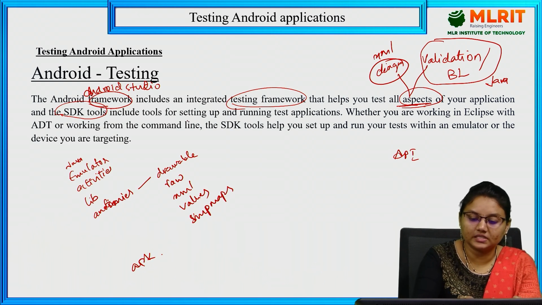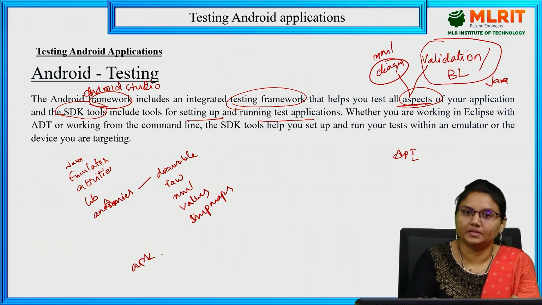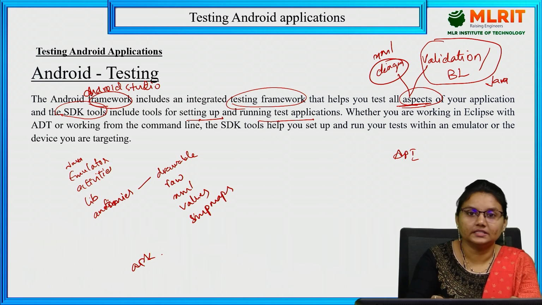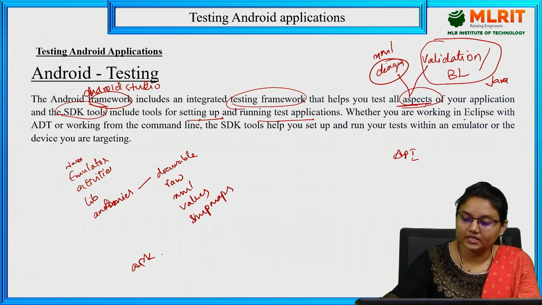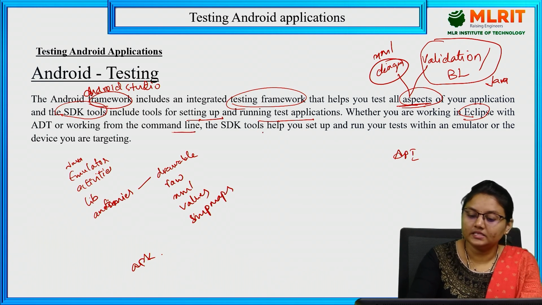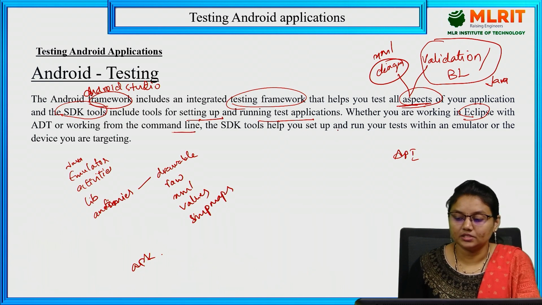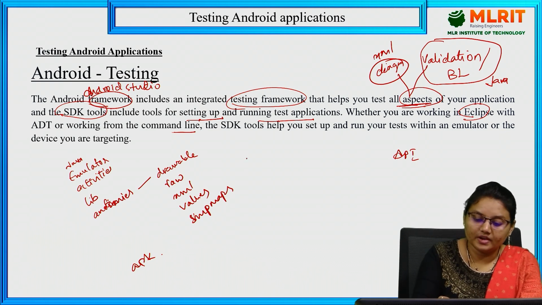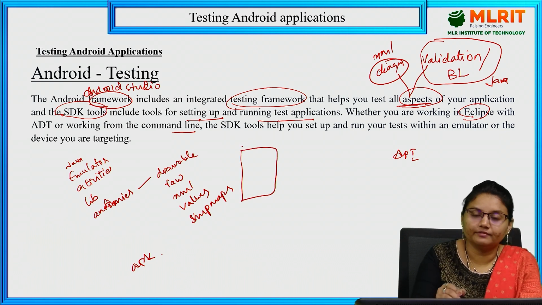They include the tools for setting up and running the test applications. Not only for setting up your application, they are also used for running the test applications. Whether you are working in Eclipse with the ADT or from the command line, SDK tools help you to set up and run the tests within the emulator or device targets. Device targets means that the application you have developed will generate an APK file.